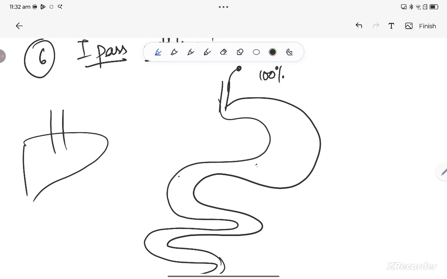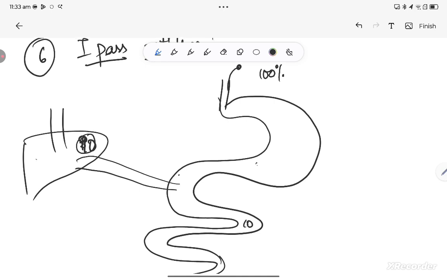Let us say around 90 has reached my liver, 10 gets excreted unabsorbed. Okay, now in this 90, my liver thinks that this is foreign object. So it starts metabolizing. Let us say it has metabolized 10%. 80% reaches systemic circulation, 10% gets excreted again through biliary system.